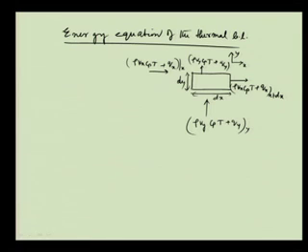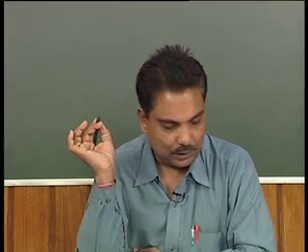So, we can understand that energy is coming in the form of convective input and diffusive input, and going out as convective output and diffusive output at point y plus dy.